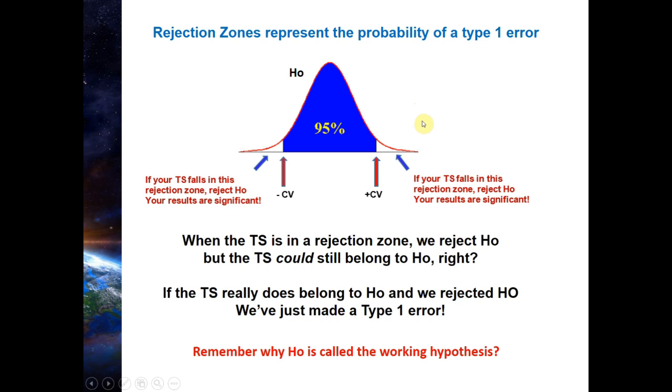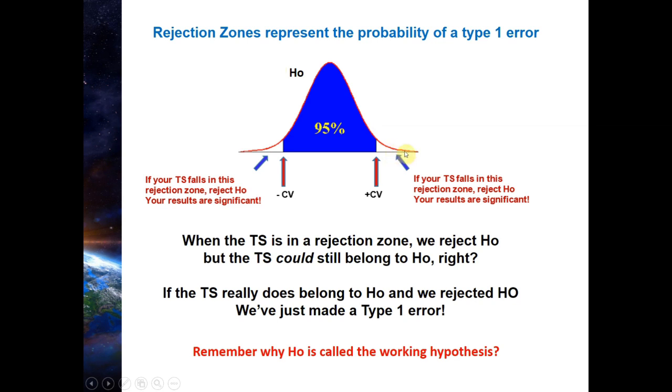And we could be right. Maybe we correctly rejected HO. But remember, your test statistic still has a slim possibility of belonging to HO. So we might be making a mistake.